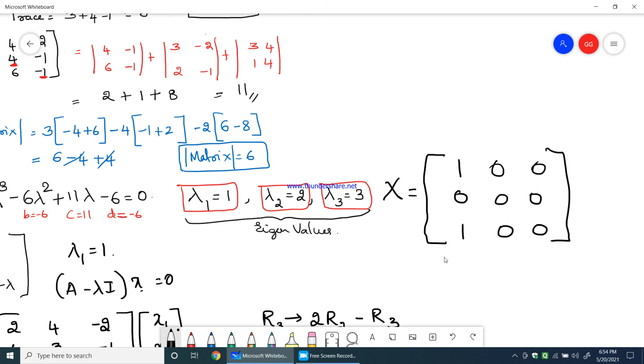So, this is the eigenvector matrix for the given matrix here. Okay. So, these are the eigenvalues, whereas this is the eigenvectors.